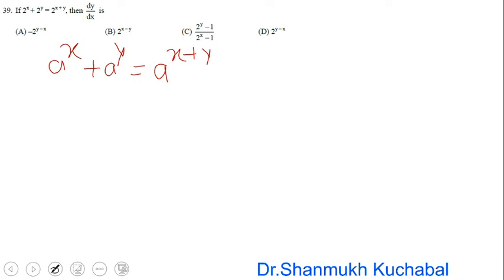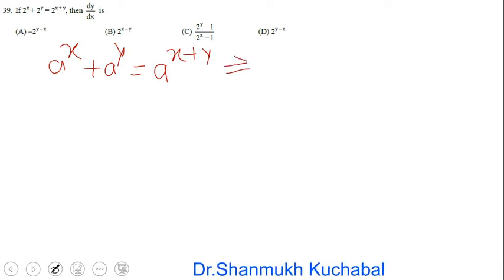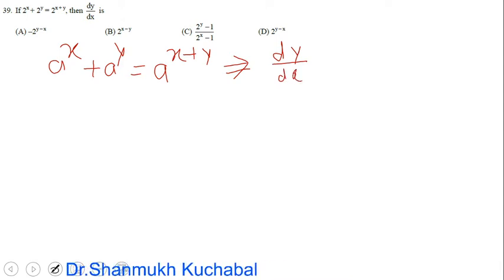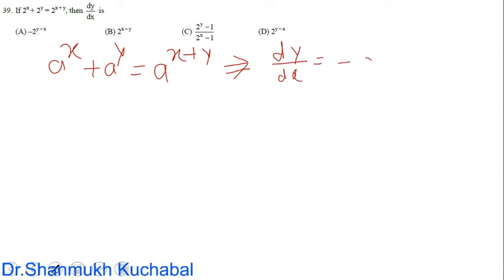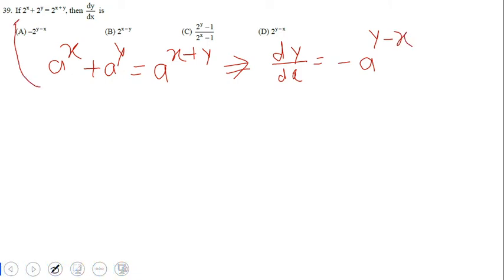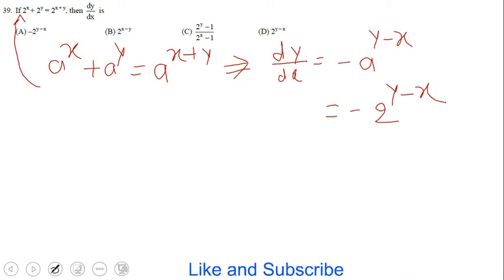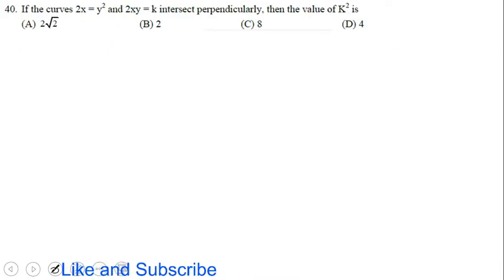Then the differentiation is given by dy by dx equal to minus a raised to y minus x. Comparing with the standard equation, the value of a is 2 here, so minus 2 raised to y minus x. Therefore clearly option A is the right answer. Okay, we'll move to our next example.